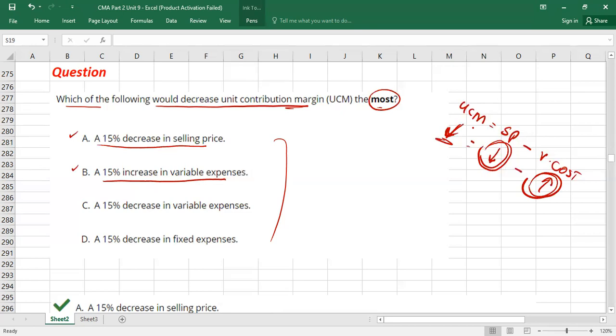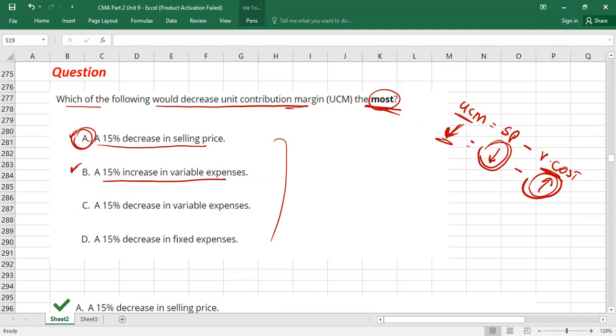Now I'm confused which option is correct. Please remember, guys, we'll prove this. Actually option A is correct, because a decrease in selling price always has a greater impact in declining the unit contribution margin than variable cost. It looks like both are correct, but option A is the most authentic reason.